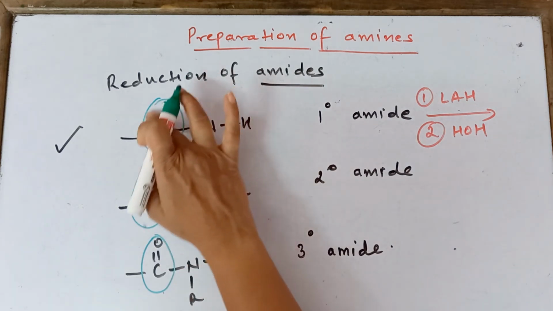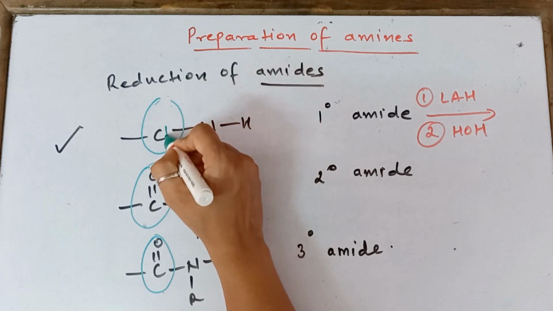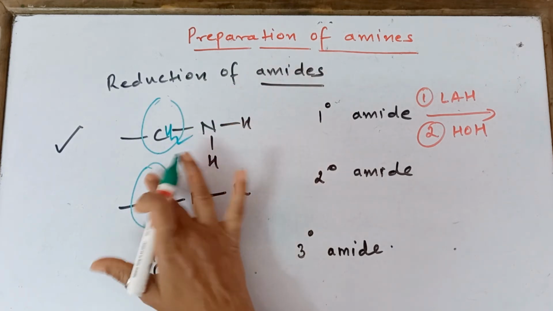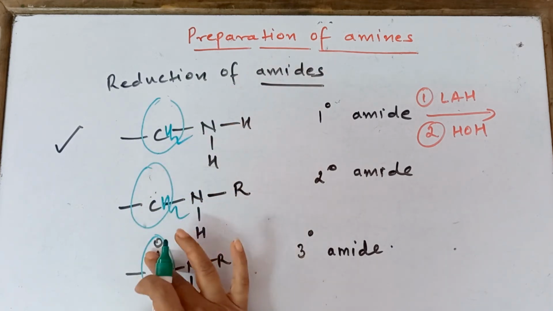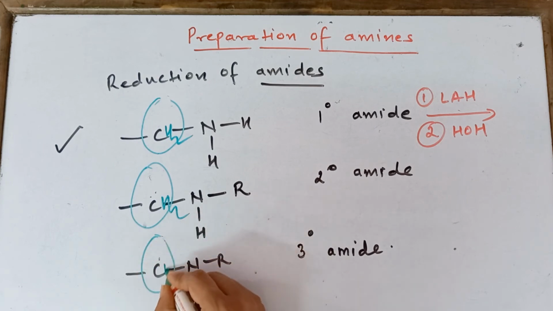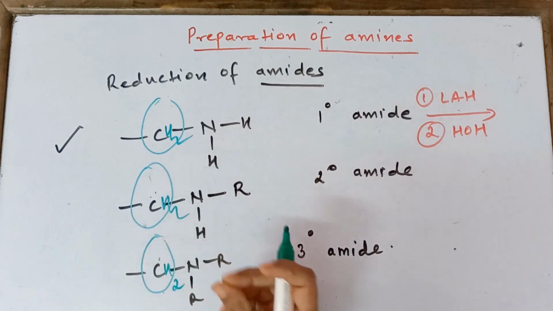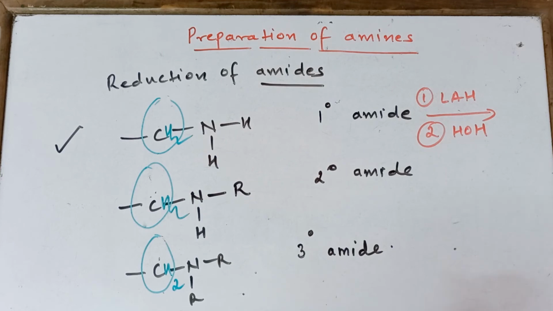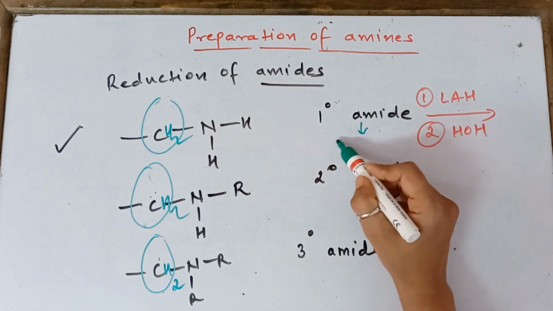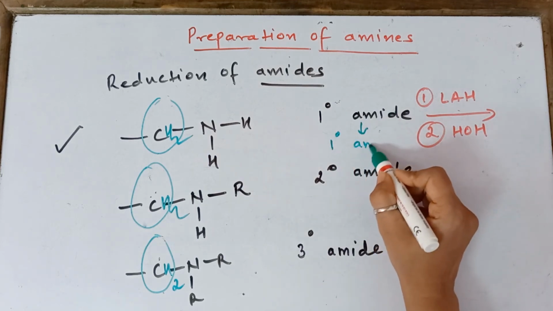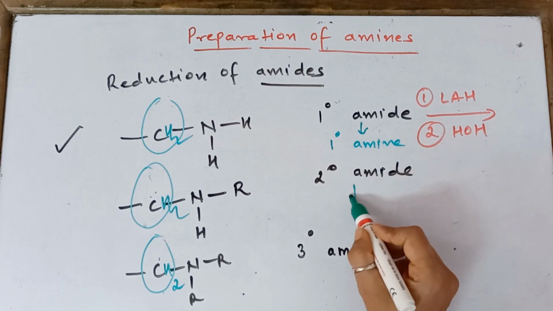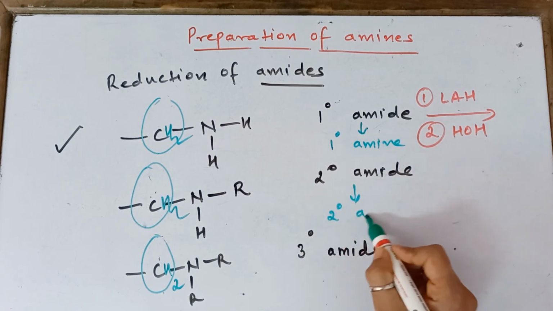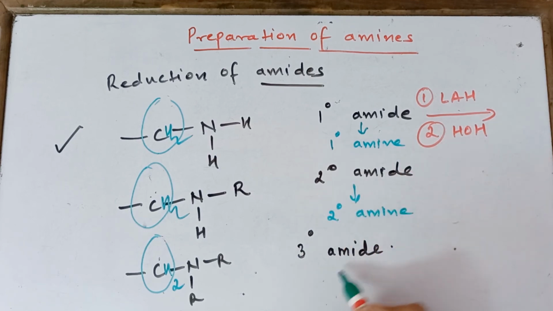I can just remove this and write here CH2, I can remove this and write CH2, and I can remove this and write CH2. It's so simple like that. So here primary amides are going to get converted into primary amines. Secondary amides are going to get converted to secondary amines, and tertiary amides are going to get converted into tertiary amines. So that's the process.